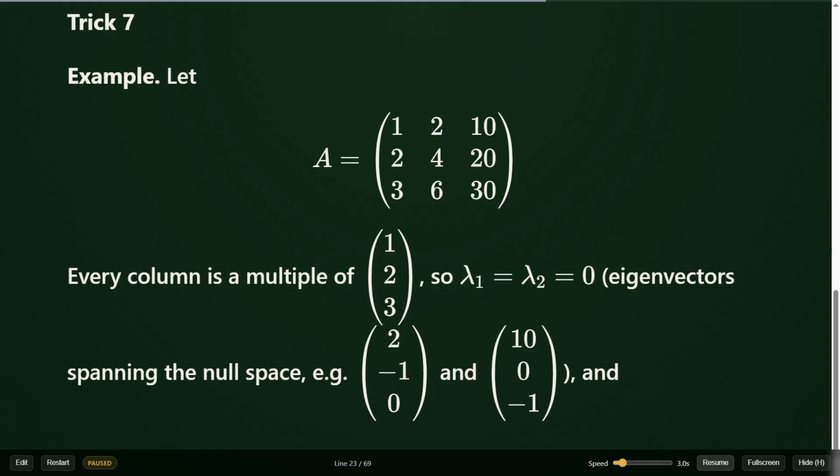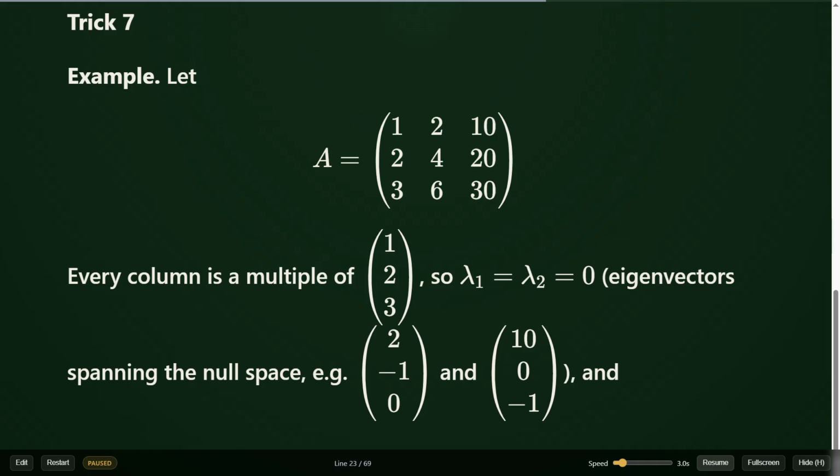Now we can have two linearly independent eigenvectors for the value 0. Suppose we take 2, minus 1, 0, which is our trick number 6 eigenvector for the first 0. Then we should avoid taking the first two columns, and we should take either the second and third column or the first and third column. So if we take the first column 10 times, 0 times the second column, and minus 1 times the third column, then the summation is going to be 0, 0, 0.